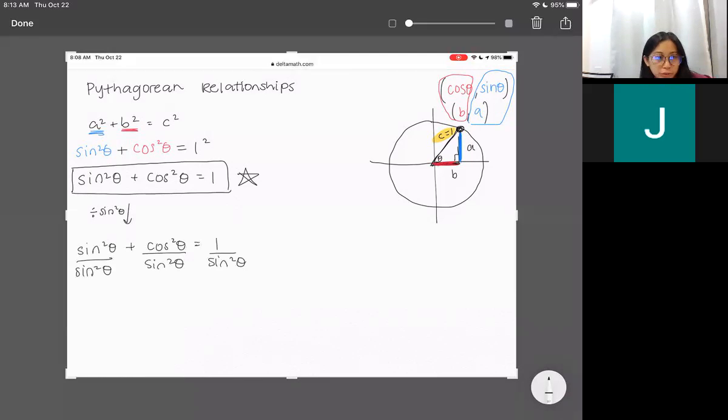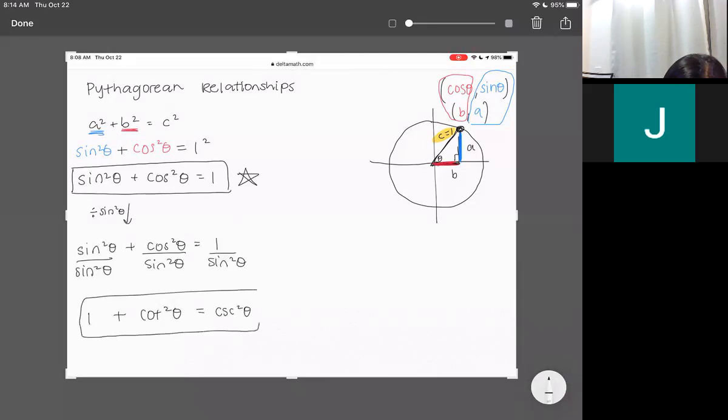When you do, sine squared over sine squared is 1, plus cosine squared over sine squared is cotangent squared, and then 1 over sine squared is cosecant squared. So here is another Pythagorean identity. It's literally just the first one divided by sine squared. So this is another one of them.